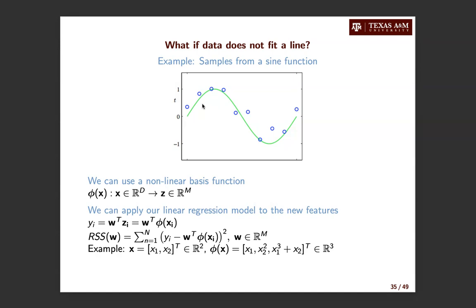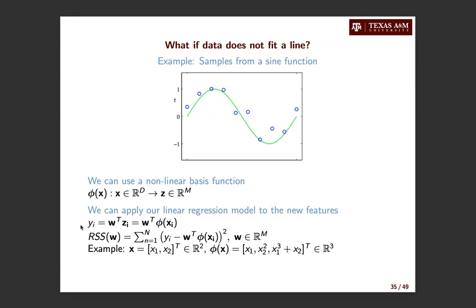So in this example, one potential nonlinear function that can be used is a higher order polynomial. And a higher order polynomial would mean that instead of using just the raw features of the data, we go ahead and use higher order polynomials that are based on the raw features.